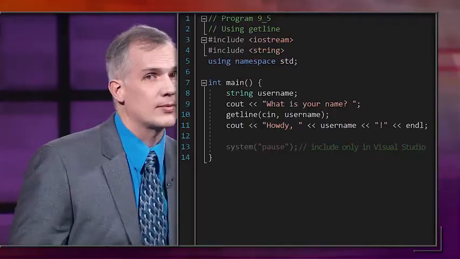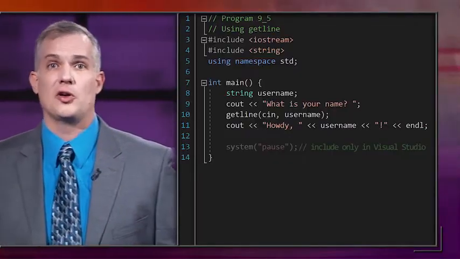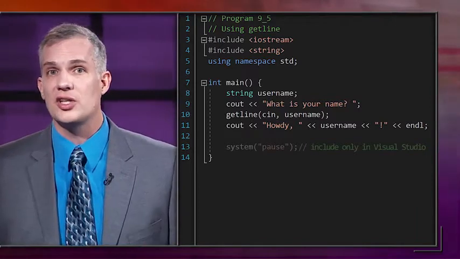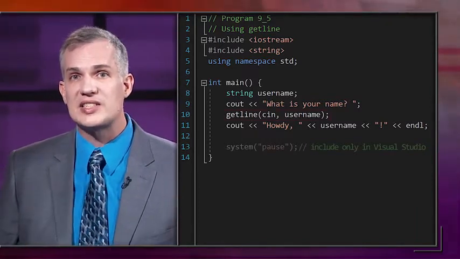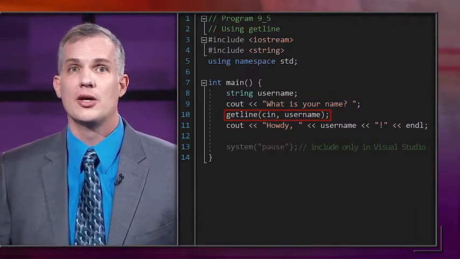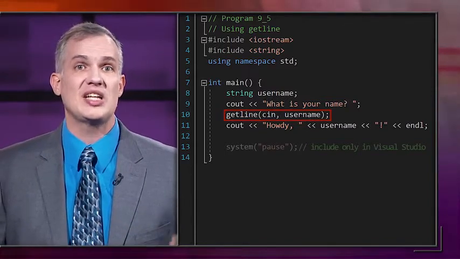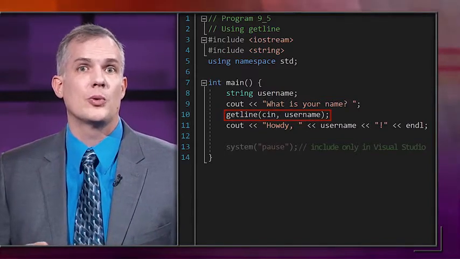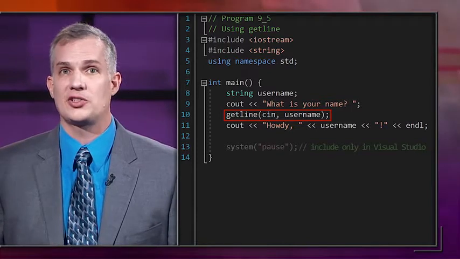Let's look at how we could modify our Hello World program to use getline. In the code you see here, all the commands are identical to the ones we saw before, except the input command. Rather than streaming from cin to username, we're instead using the getline function.